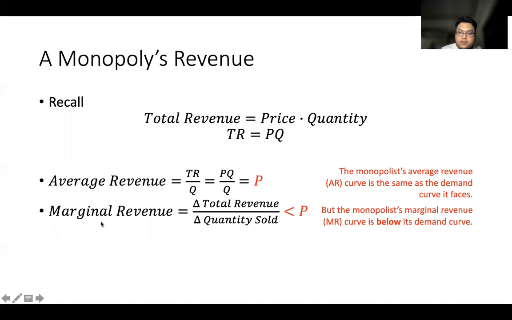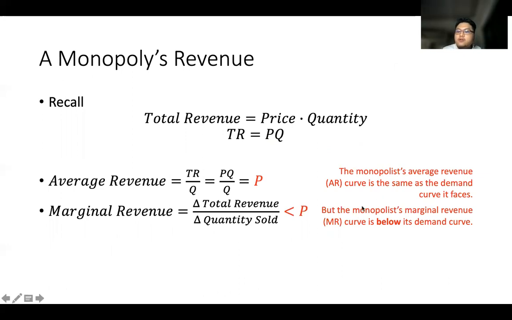So we can show it here. Total revenue is price times quantity. We can get average revenue, which is total revenue over quantity, and then we can cancel because total revenue is price times quantity, so we get P. But marginal revenue in this case is less than P, right?